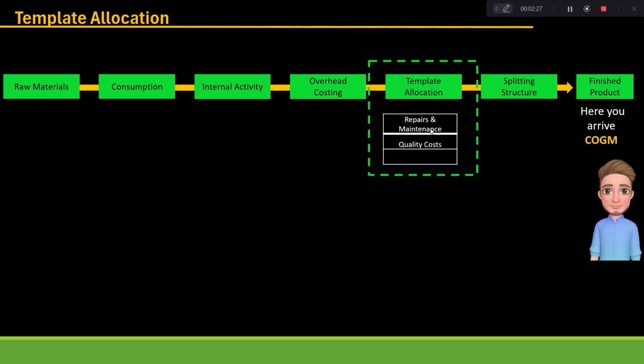Let's say you have repairs and maintenance and quality cost. I gave an example of marketing cost, but now let's say you have repairs and maintenance and a quality cost. These two costs you want to charge to the production order. How will you do it based on repairs and maintenance to various different orders? That is where this functionality comes into help.